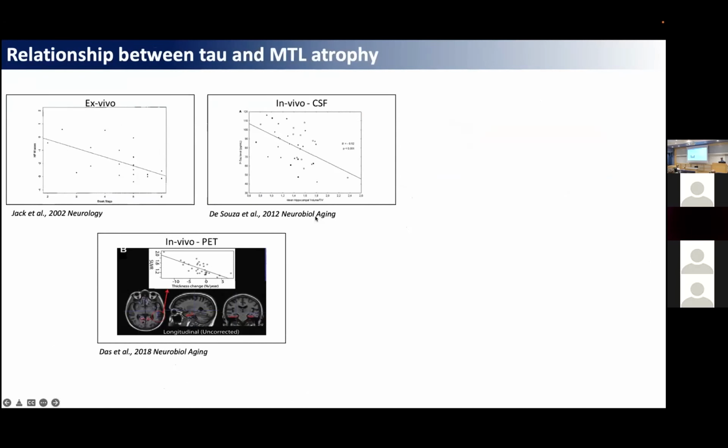So indeed, many studies showed these relationships between tau and MTL atrophy using, for example, ex vivo data, where higher Braak stages were associated with smaller hippocampi, but also using CSF p-tau or tau PET.